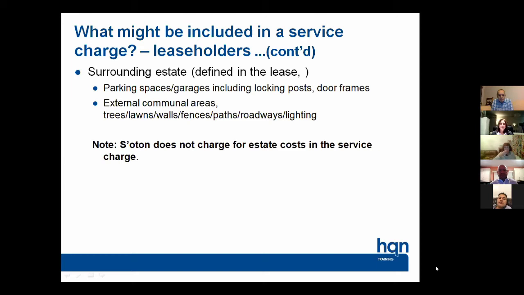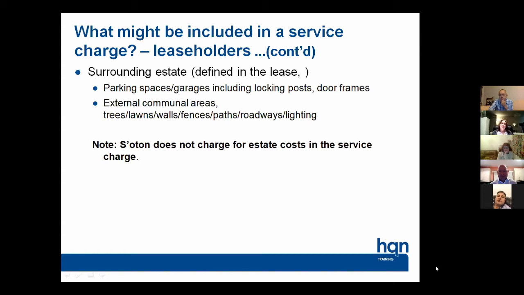There's a reason why some local authorities don't charge for estate costs, and that's simply because the estates are open and Joe Bloggs can walk through the estates, it was deemed unfair to put the costs of the grass cutting and the maintenance perhaps of any play areas onto the residents on the estate, when anybody can come and use the play area and anybody can walk across the grass.